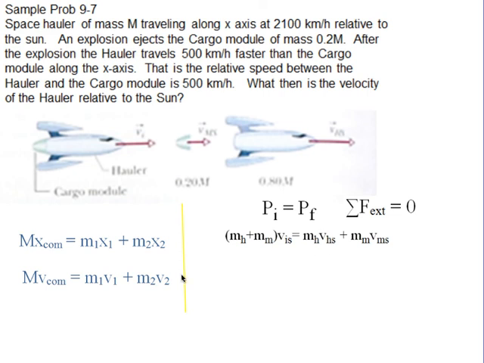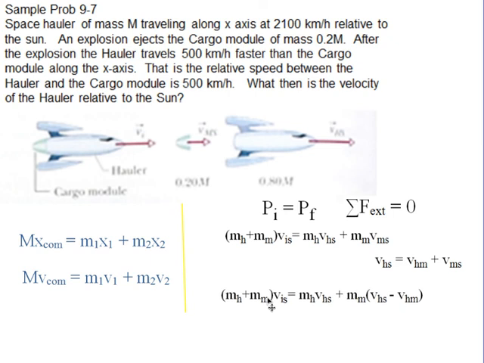But then I'm going to take this idea which I developed here, and I'm going to use the fact that the velocity of the hauler relative to the sun is equal to the velocity of the hauler relative to the module plus the velocity of the module relative to the sun.